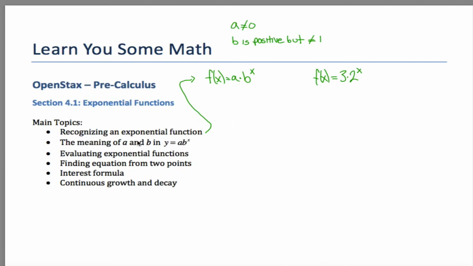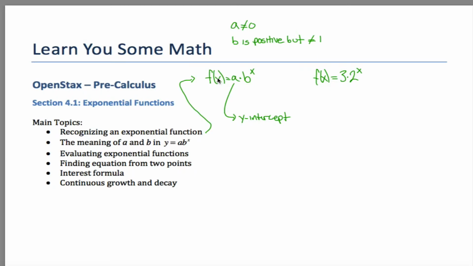The a and the b in an exponential function have meaning. This a right here, it'll turn out, is the y-intercept. It's the value the function takes on when your variable equals 0. And I can prove that to you, if you believe me when I say that anything raised to the 0 power equals 1.